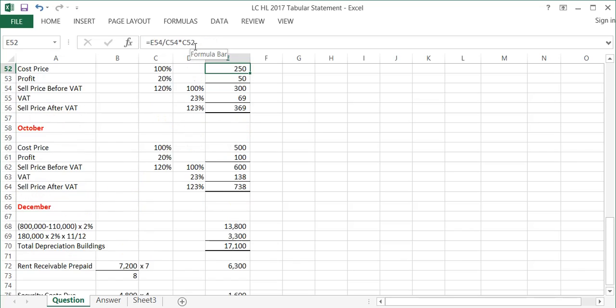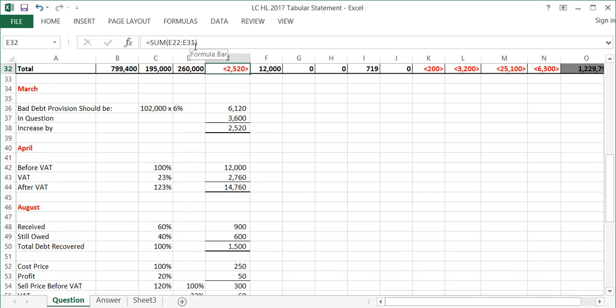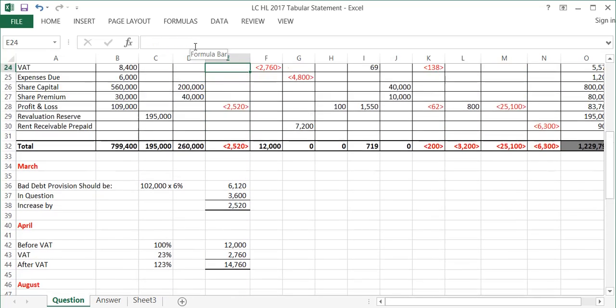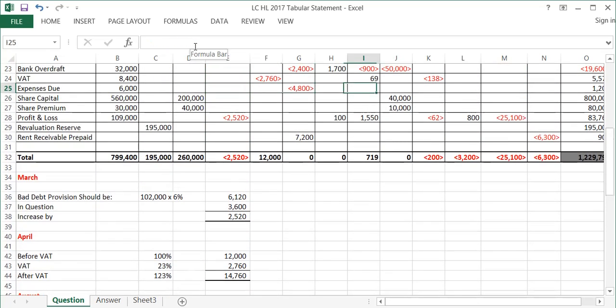So that €1,600 is going to go up here. Expenses due in December, and originally it went in as a minus, so this year's will go in as a plus €1,600.